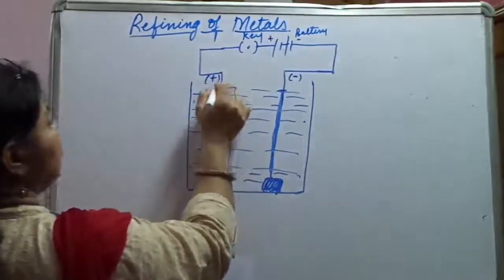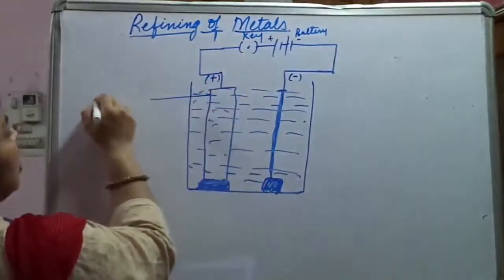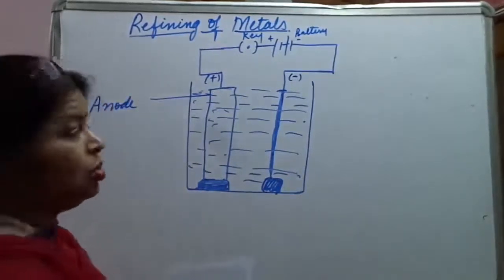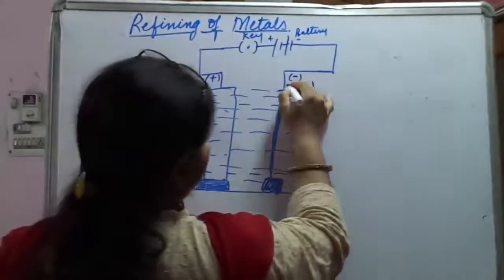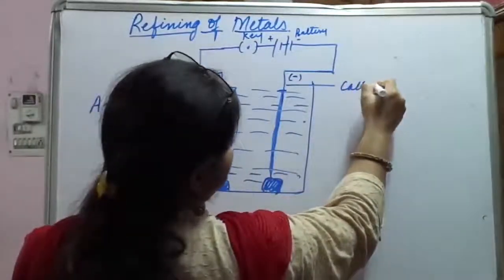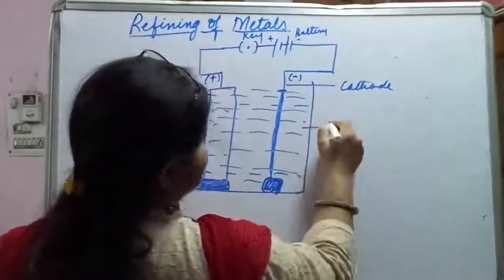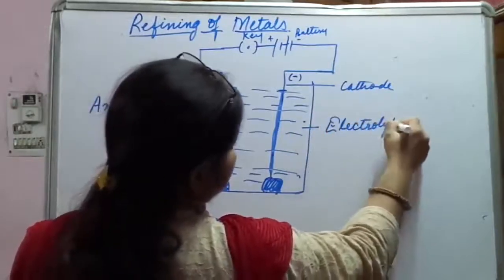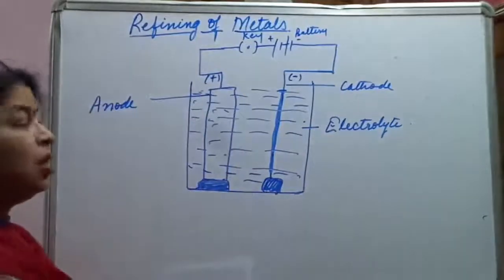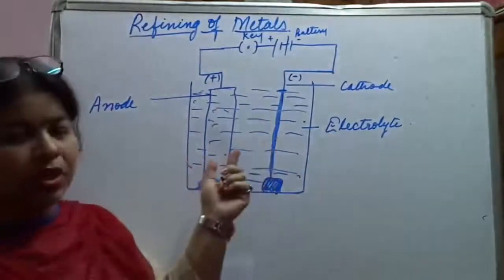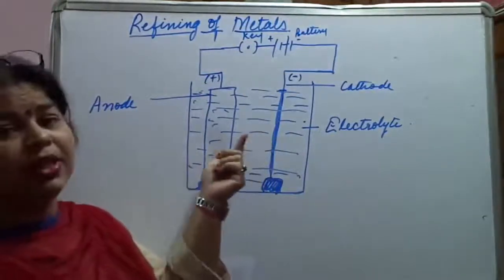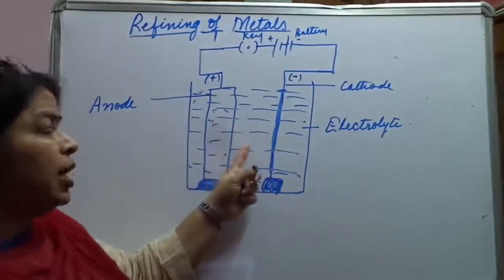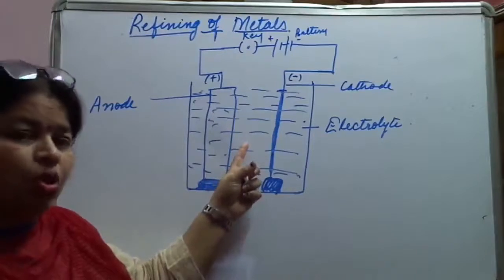The positive electrode is called anode, while the negative electrode is called cathode. And this is the electrolyte. What is an electrolyte? The solution which allows the current to pass through it. If we are purifying copper, then we take an electrolyte which contains copper in it.